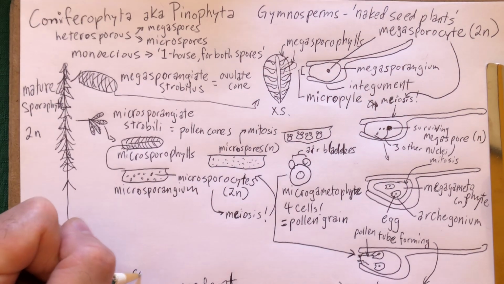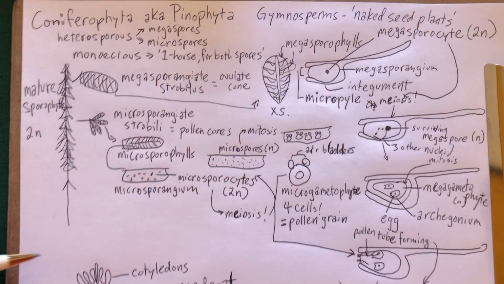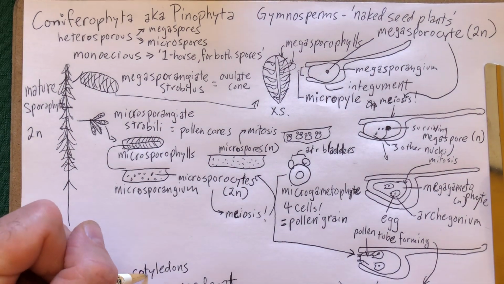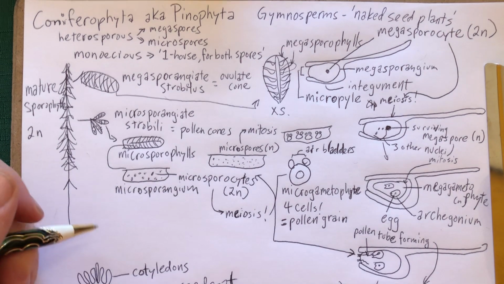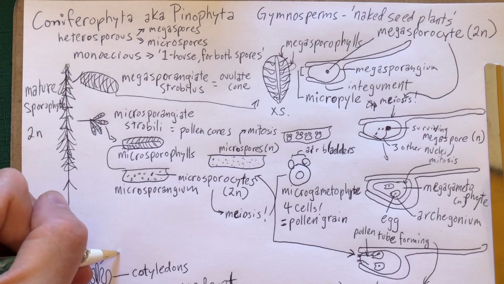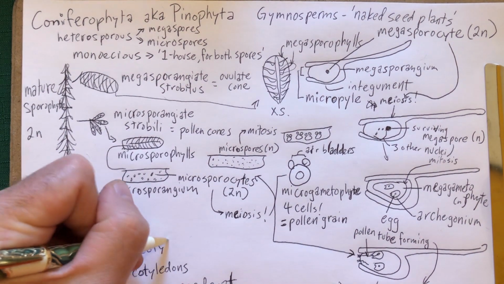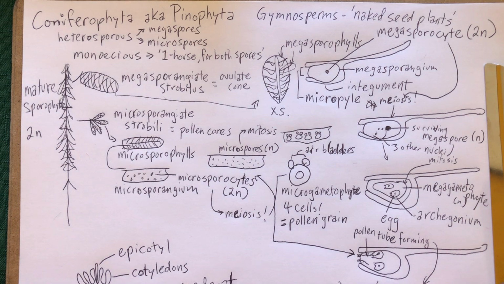It's got embryonic leaves, called cotyledons. And in pine trees, there are several cotyledons in there. And we have an embryonic shoot called an epicotyl.